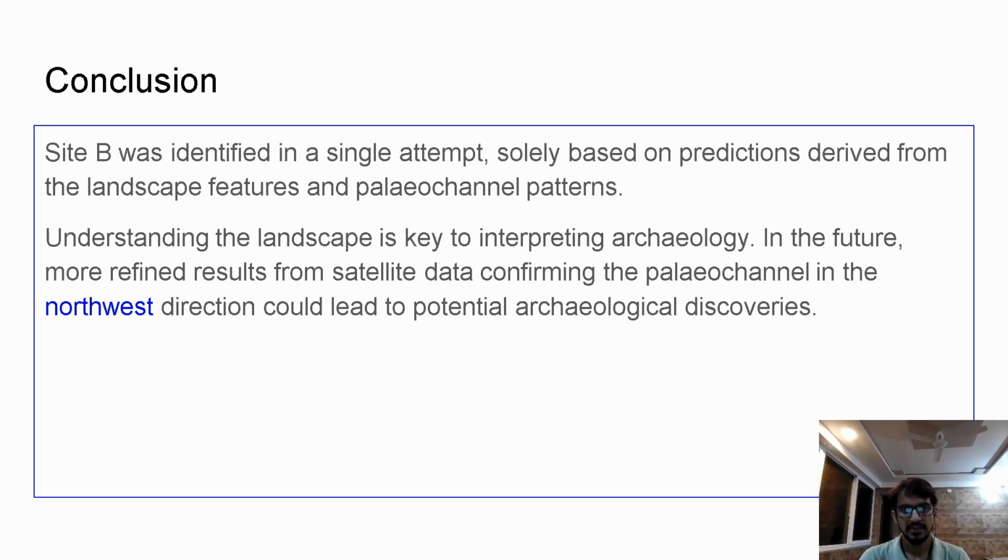For example, drainage basins, drainage networks, and paleo channels are indicators where we can look for sites. So right now our objective is looking to the northwest side as well as the southeast direction.